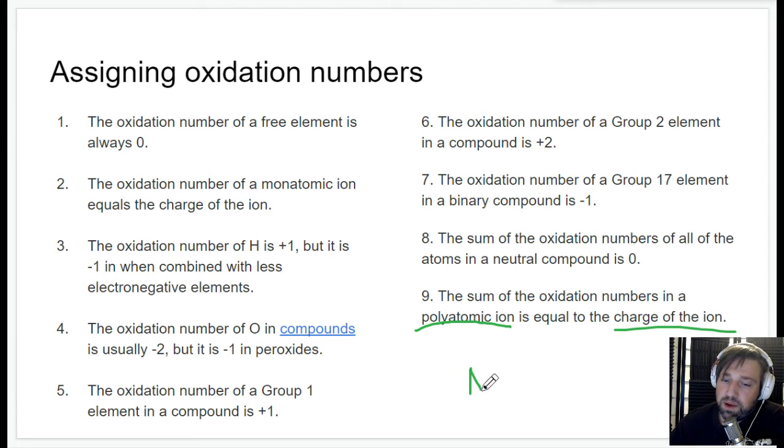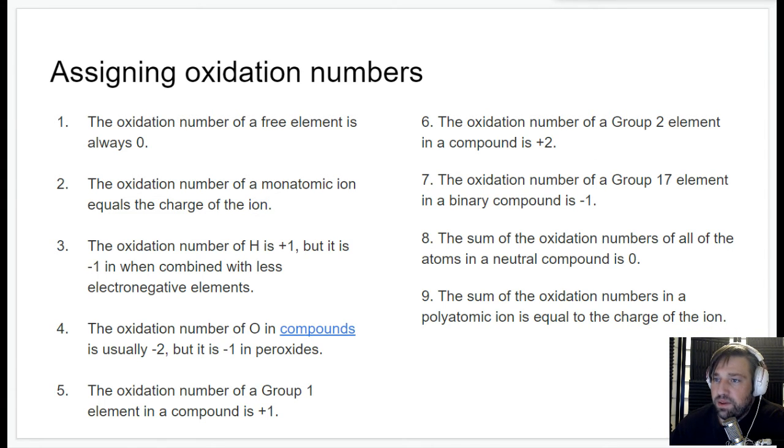You might remember the polyatomic ion nitrate, NO3 minus. If you were to look at the oxidation numbers of these, they should add up to -1. There you go. That's that.